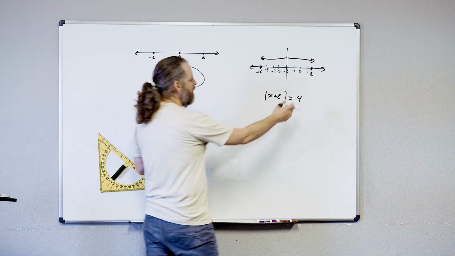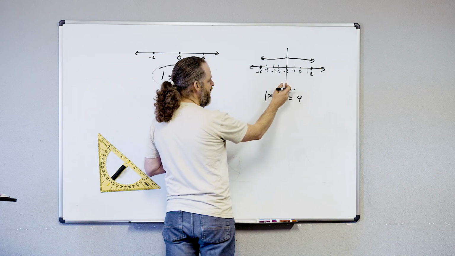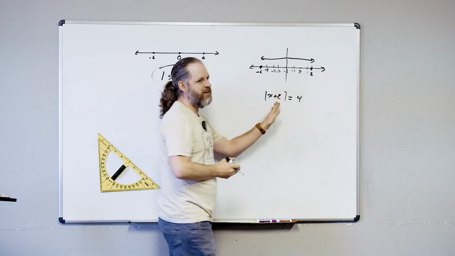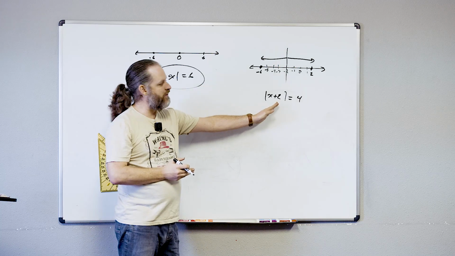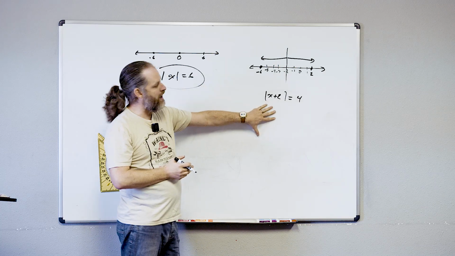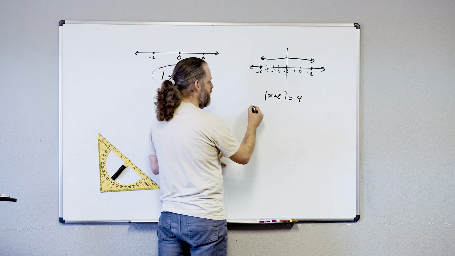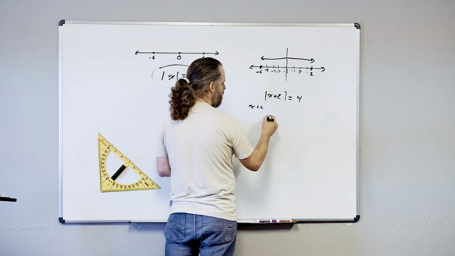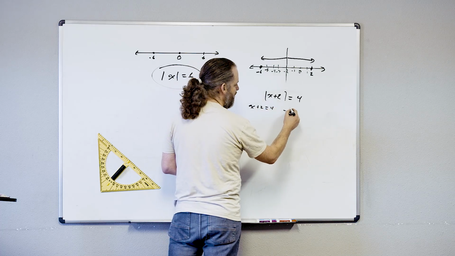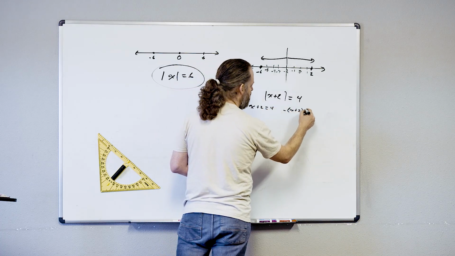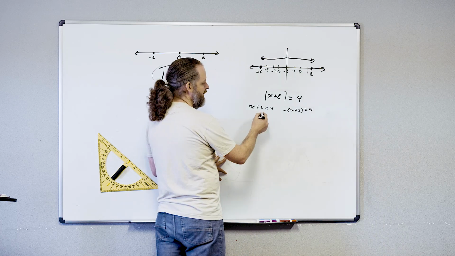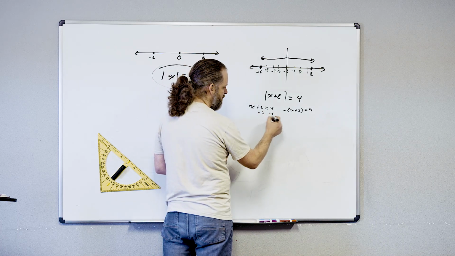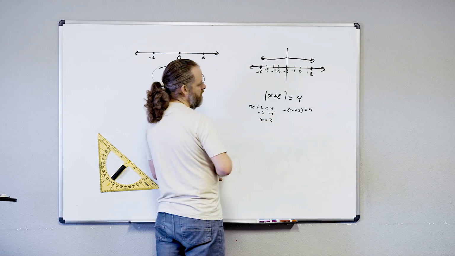Even though it moved to negative 2, the sign's going to be opposite. Because, and I'll show you by working this problem out, if we split this into x plus 2 equals 4 and negative x plus 2 equals 4, and then we subtract 2, we get the 2, right?